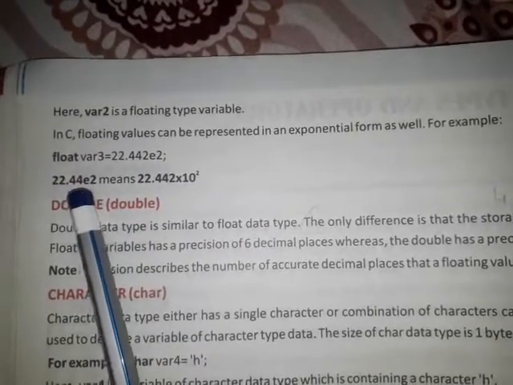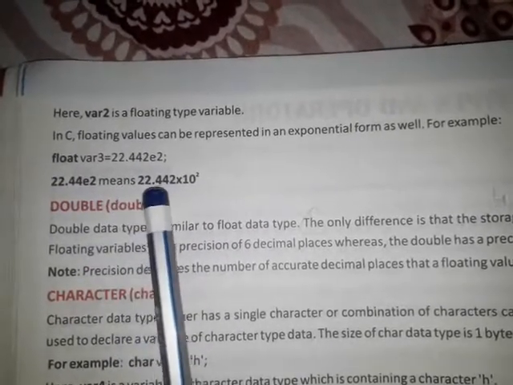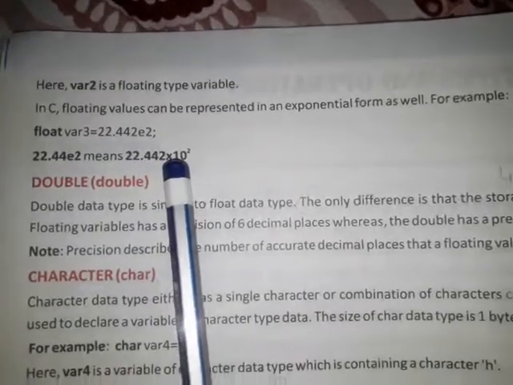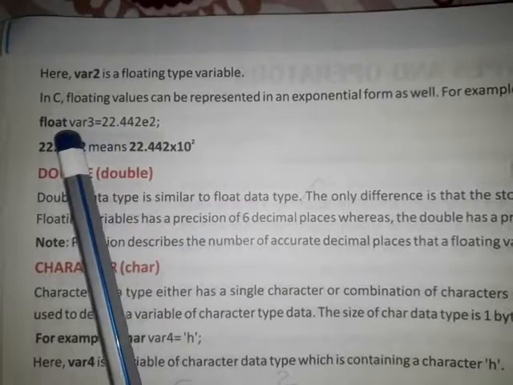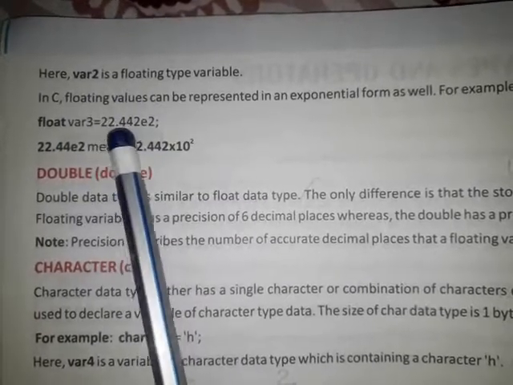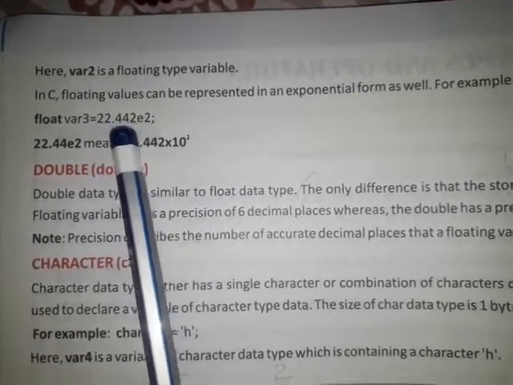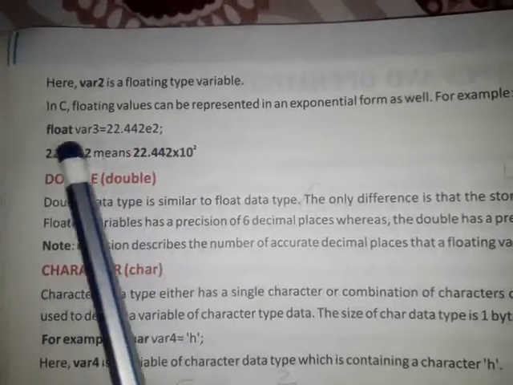This exponent 2 means 10 raised to the power 2. So 22.44e2 means 22.44 times 10 to the power 2. These floating variables can also store these types of values, so don't be confused when we write such values.